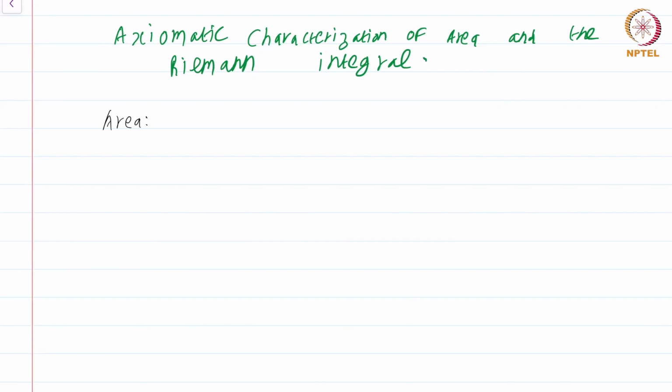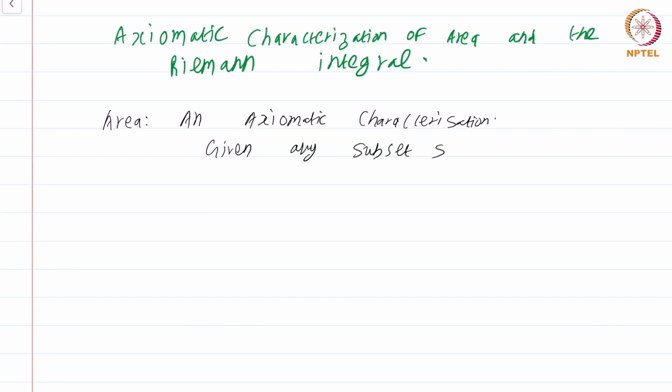An axiomatic characterization. In an ideal world, given any subset S of R2, we want to assign an area to it.